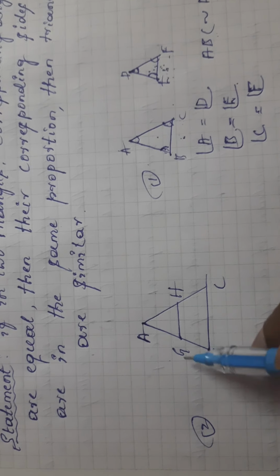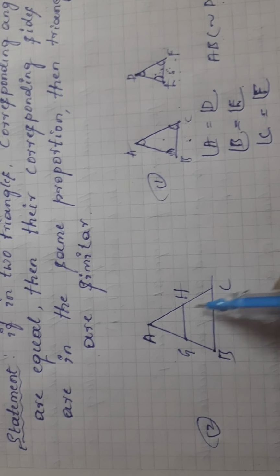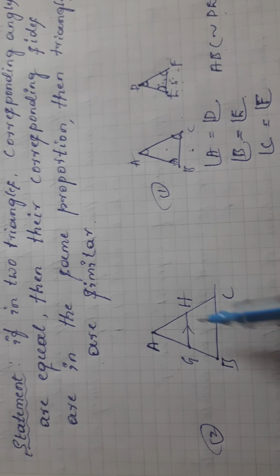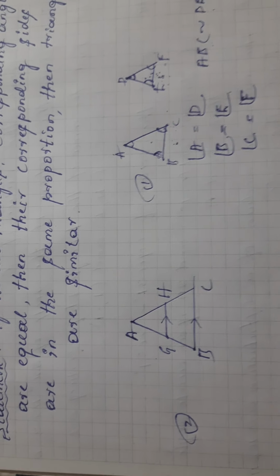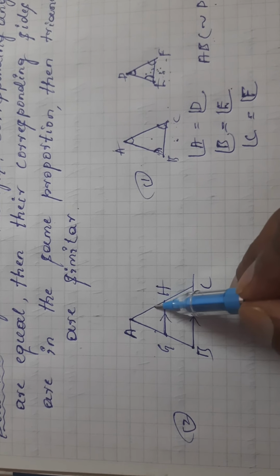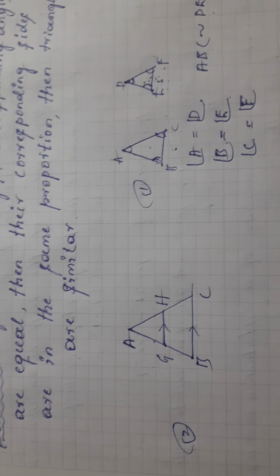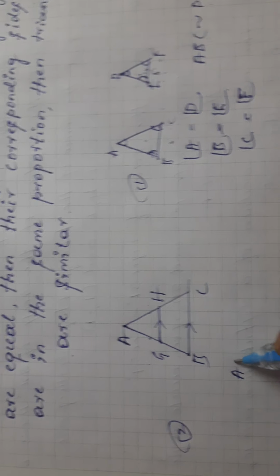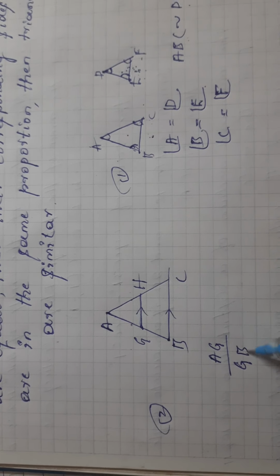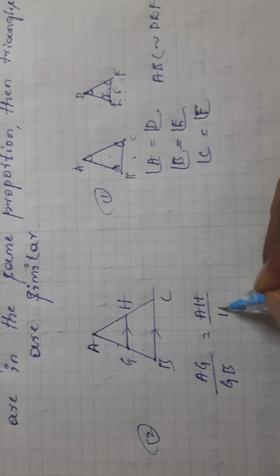Draw a parallel line to any side of a triangle. Now this line divides the other two sides in proportion. That means AG divided by GB is equal to AH divided by HC.